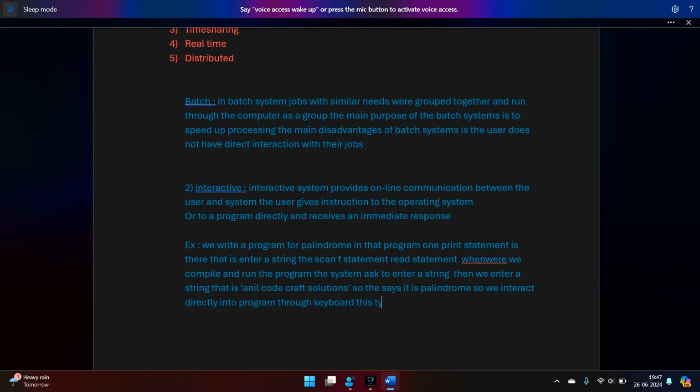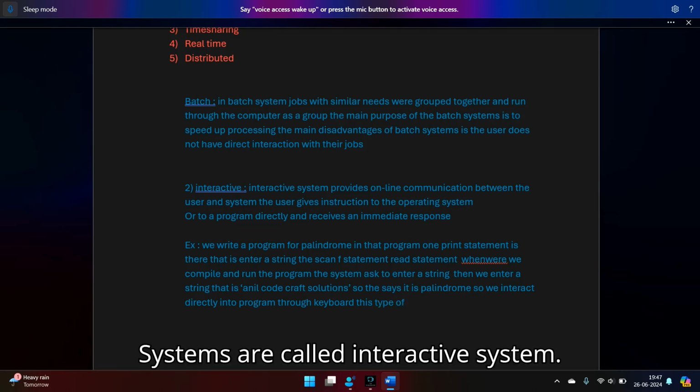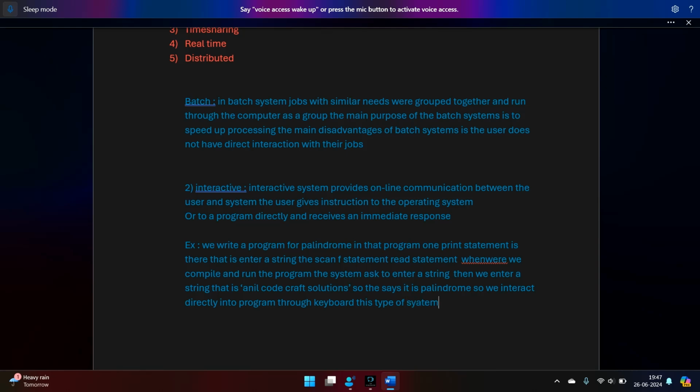This type of system is called an interactive system.